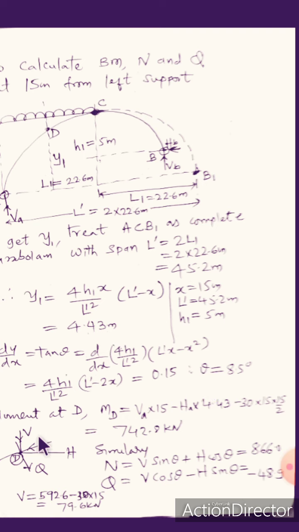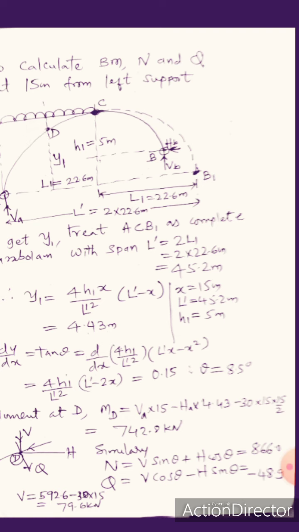So moment at D, in order to find moment at D, draw this free body diagram AD separately like this. AD separately should be drawn. Now the free body diagram is in equilibrium because there are forces here, H and VA. I have not shown it, but VA and H are the two forces, plus up to D UDL is acting here.